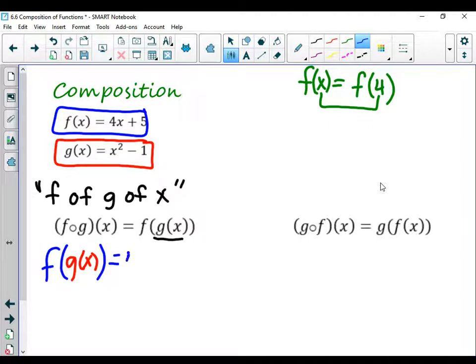I'm going to write that, but instead of an x, I'm going to put a blank. I'm going to plug in the g of x equation in that spot: x squared minus 1. Then I just simplify, and that's it.